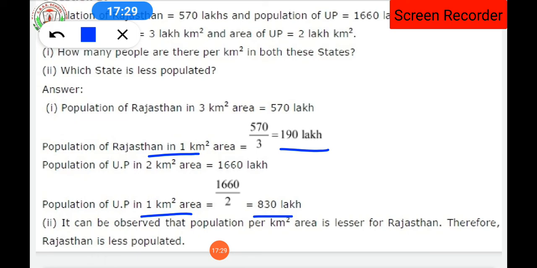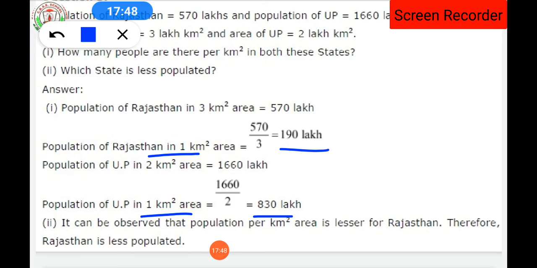While when we are going to compare both the states, whose population is greater, that is Uttar Pradesh population is greater than the Rajasthan, but it is not asked in the question. Okay, whose population is greater, that is not asked. So it's a general information we are having.